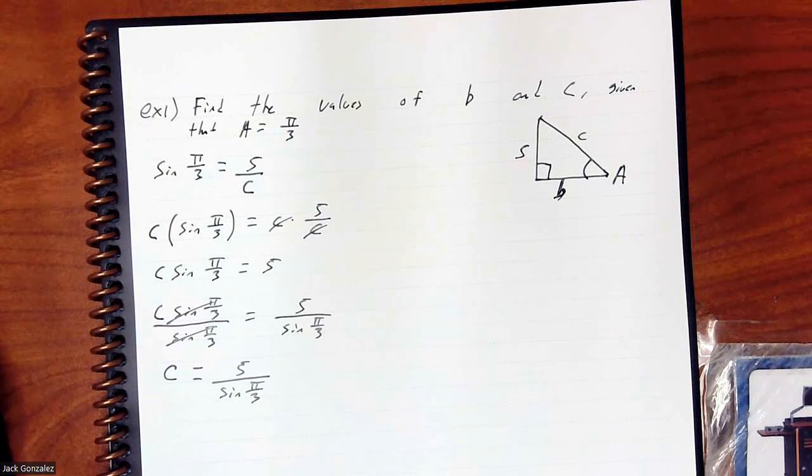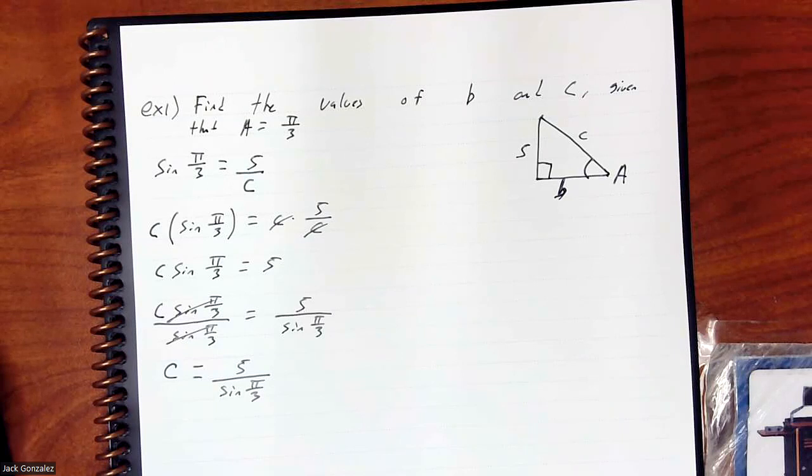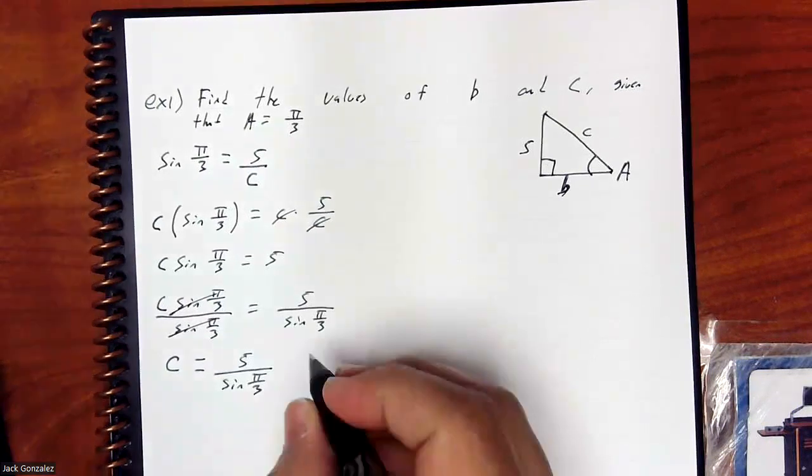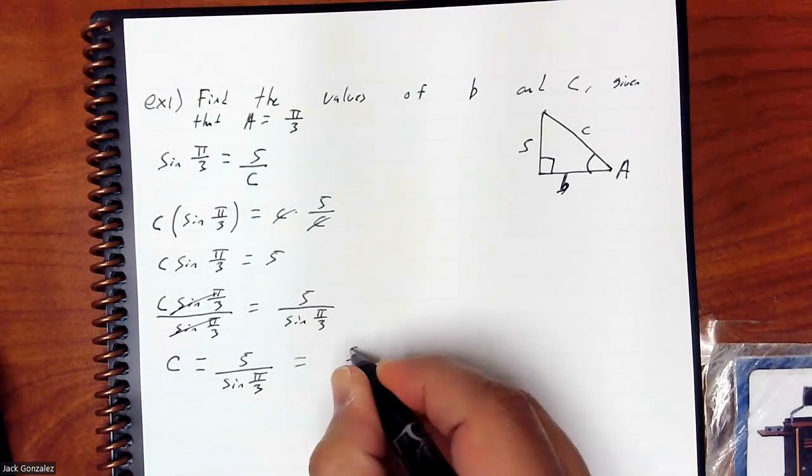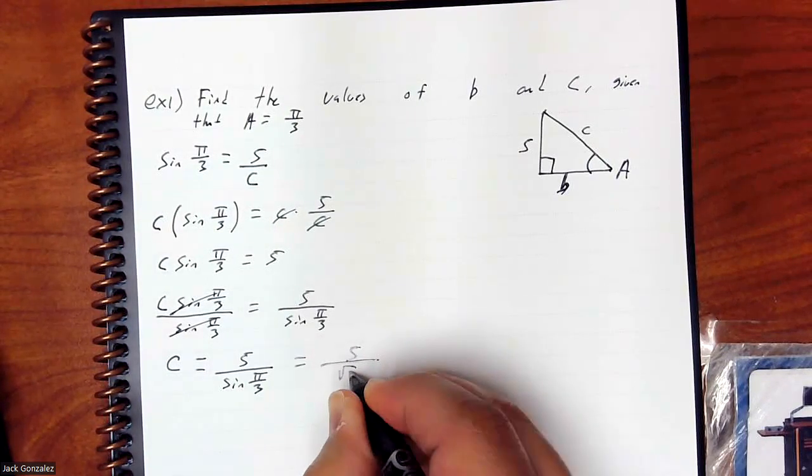I did say you should print it out or open it. You're not going to print it for the exams, and you have to memorize it. Yeah, that's right. So this will be 5 over square root 3 over 2.